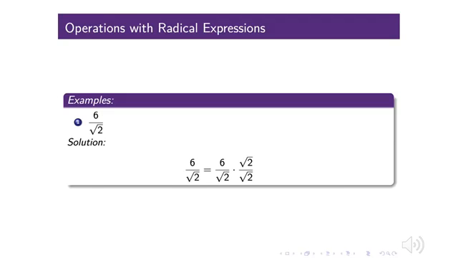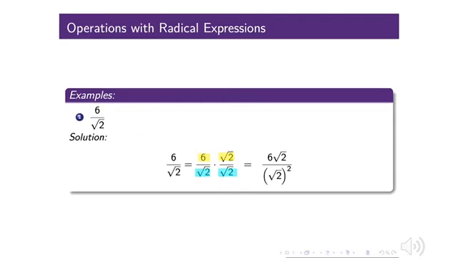So in our example, the desired multiplier is square root of 2 over the square root of 2. The next step, we multiply the expression 6 over square root of 2 with our desired multiplier square root of 2 over square root of 2. So we have 6 square root of 2 over the square root of 2 quantity squared.